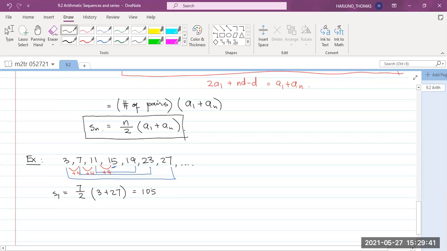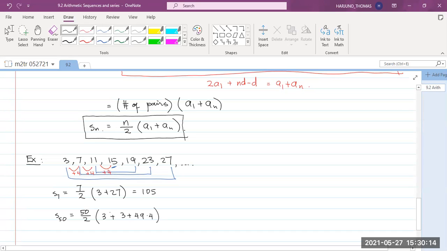Now, suppose you have 50 terms instead. Then what is the sum of the first 50 terms? That would be 50 terms divided by 2. The first term is 3. Now, I don't know what the 50th term is, but I can use the formula. That's the first term plus 49 times the common difference.